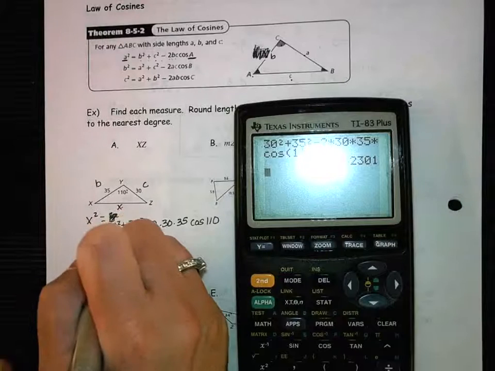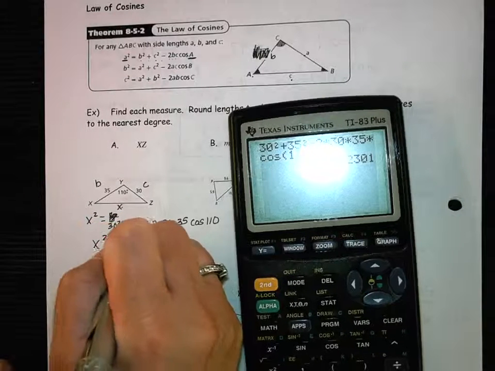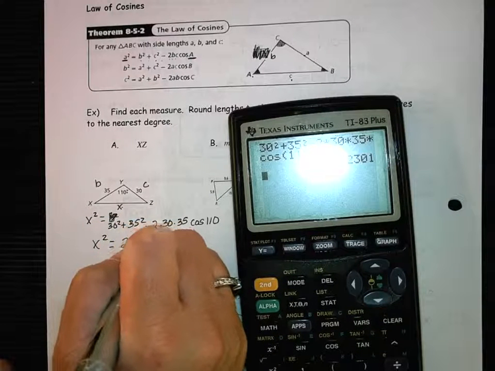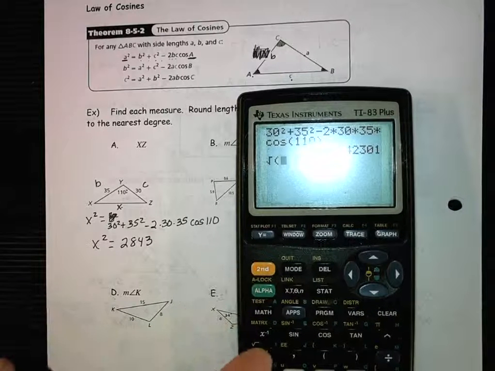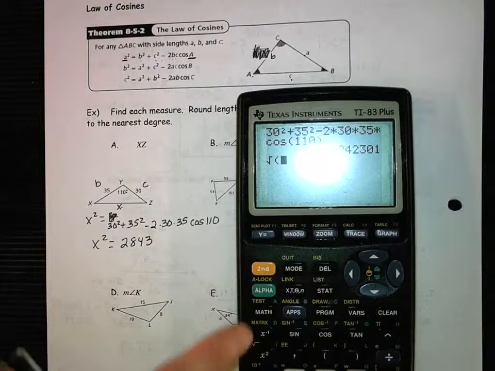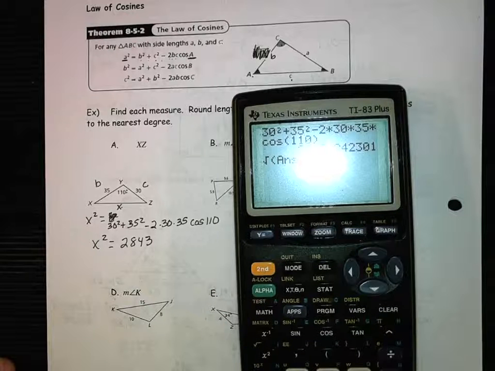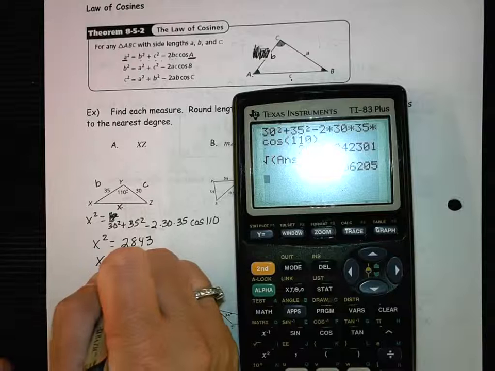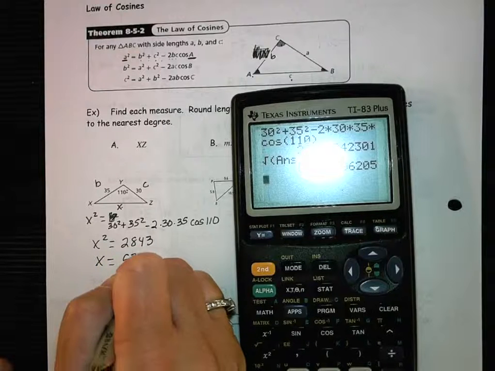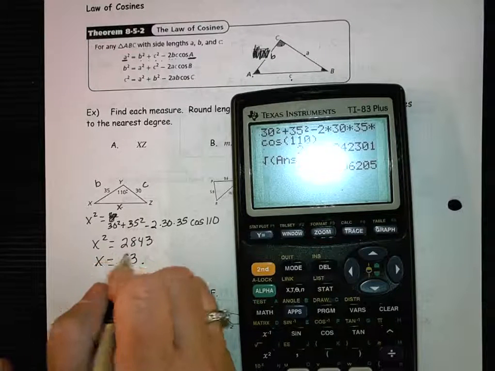And then we end up with x squared equals 2,843. We want to take the square root of that, so I do second square root, second answer, and we end up with that side equaling 53.3. I'm just going to call it 53.